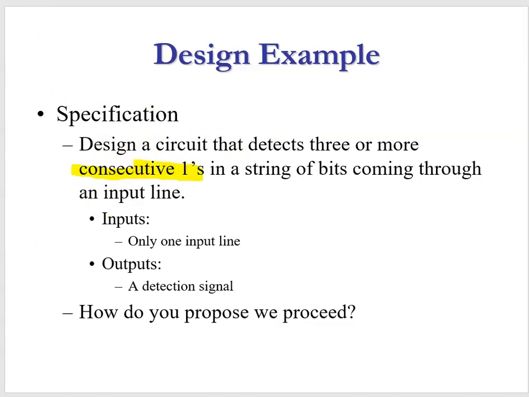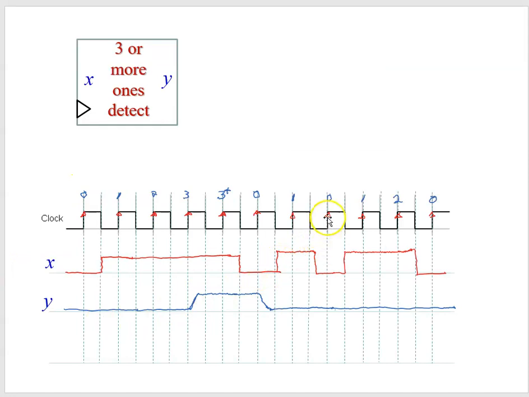So since we didn't have consecutive ones here, we'll go back to a count of 0. And then we can start counting again, 1, 2. If we didn't use consecutive ones, this would have been 1, 2, 3, and we would have gone high. So this is our timing diagram to help us figure out how we can make a state diagram.